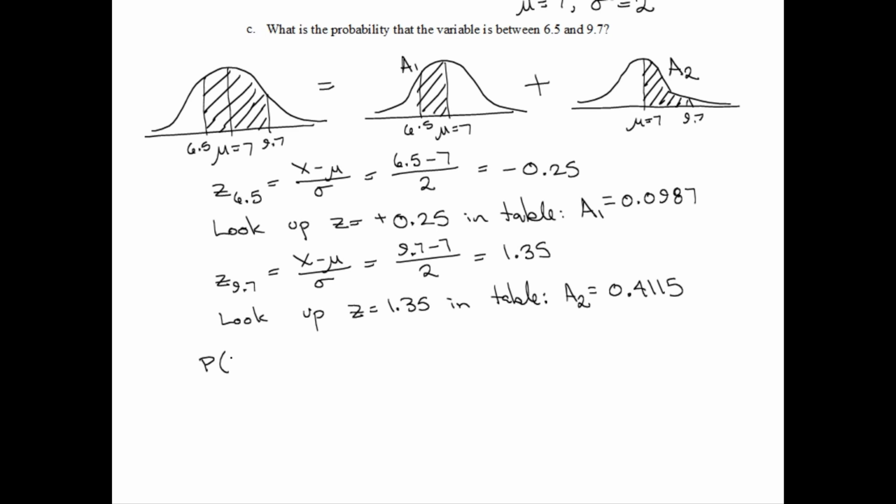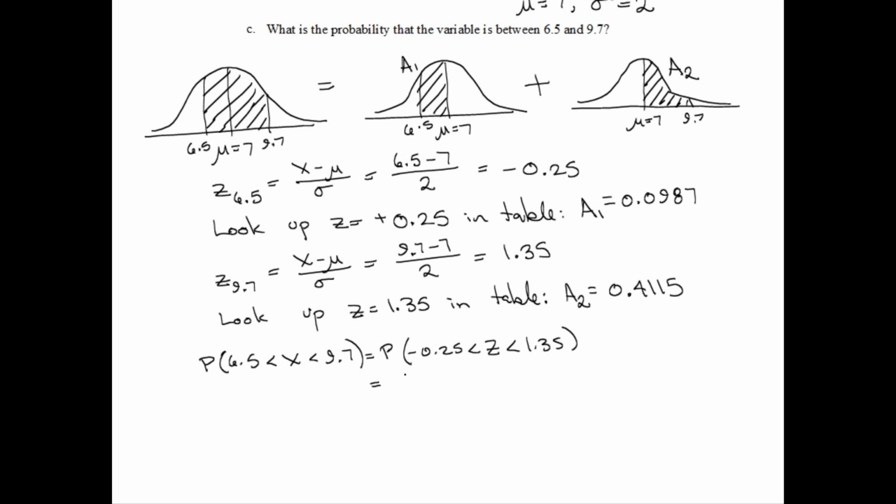So our probability that x is in between 6.5 and 9.7, that's exactly the same as the probability that my z-score is in between negative 0.25 and positive 1.35. So we look at our sketch that shows us how to combine our areas.